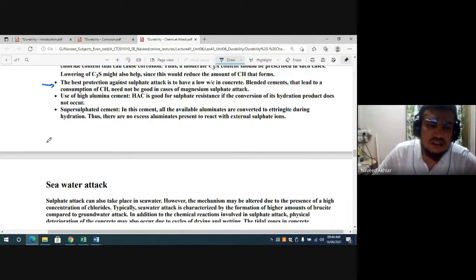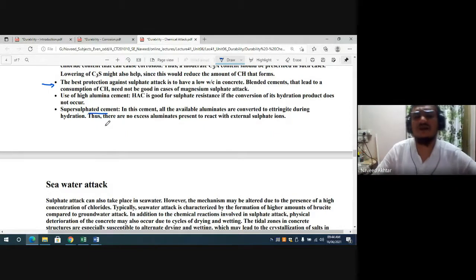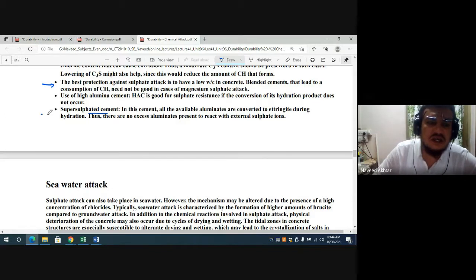Then super sulfated cement: in this cement, all the available elements are converted to intrinsic during the hydration itself. Thus, there are no excess elements present to react with the external sulfate ion, and that will reduce the sulfate attack.